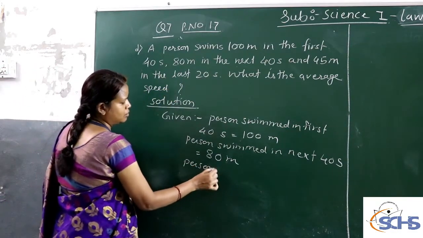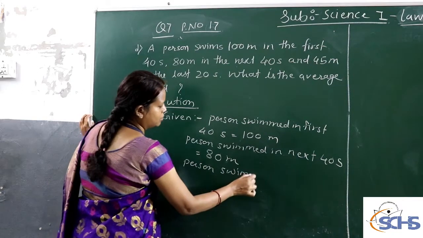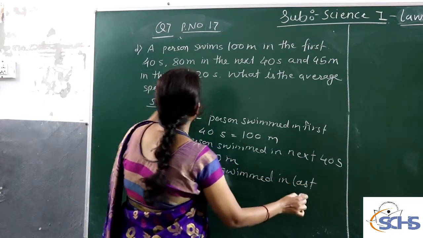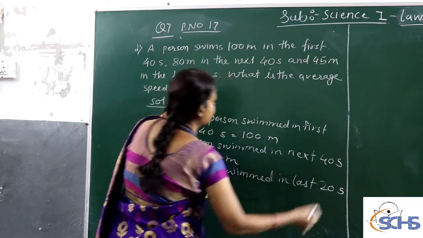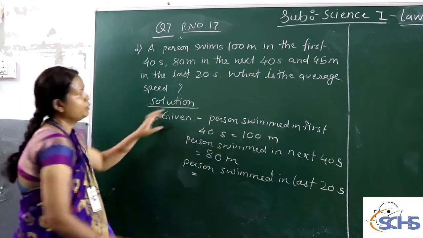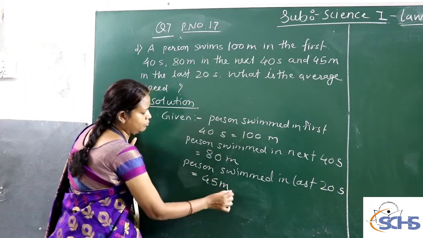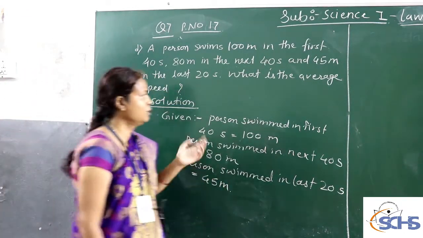Person swim in last 20 seconds is equal to how much it is? It is 45 meter. Again apply the same formula.